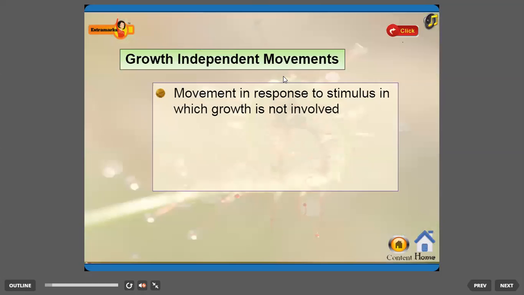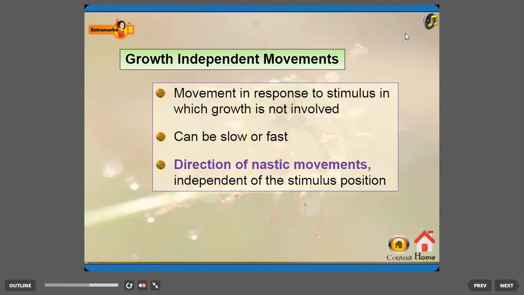Growth independent movement के ऊपर अब हम लोग आगे बढ़े. Nastic movement is movement in response to stimulus in which growth is not involved. It can be slow or fast. The direction of nastic movements is independent of the stimulus position.